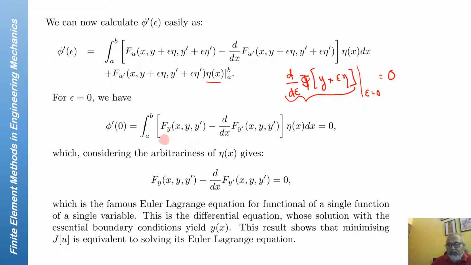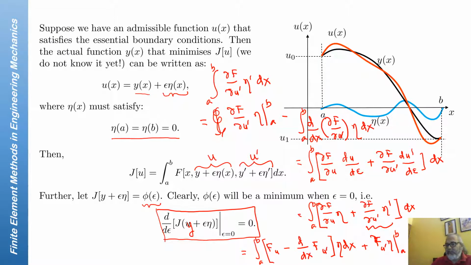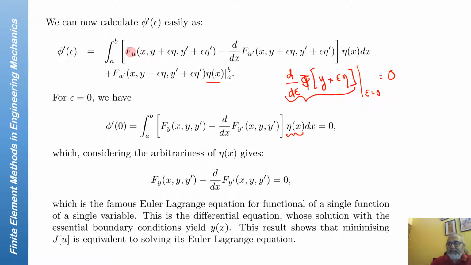And when you look at this, you have to consider the fact that η is an arbitrary function. I have not put any restriction on η except that it is 0 at a and b, and since η is an arbitrary function and this always has to be true no matter what the value of ε is, then the quantity inside the square brackets has to be equal to 0 all the time.